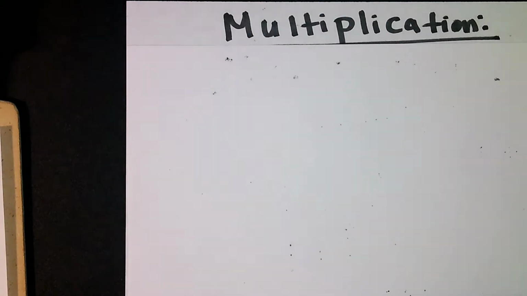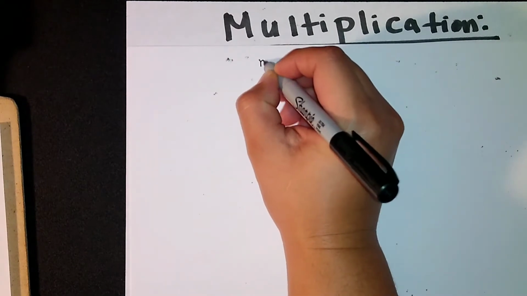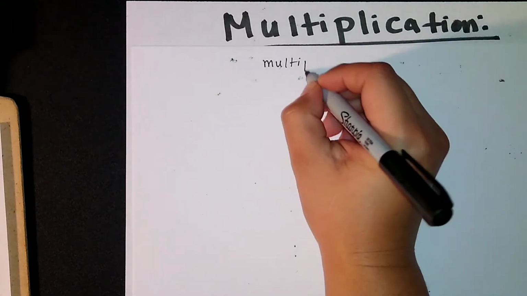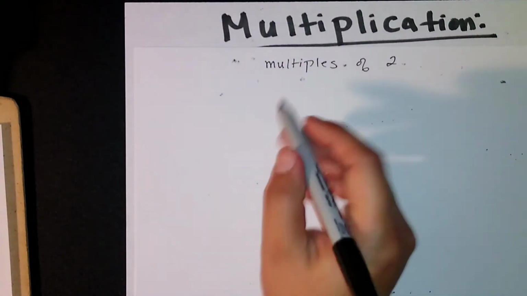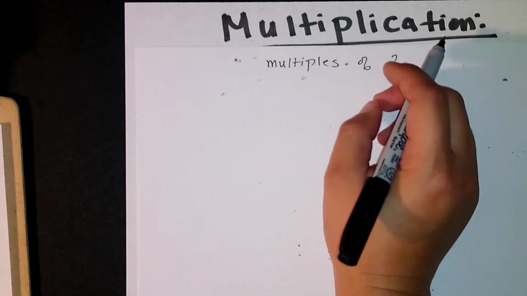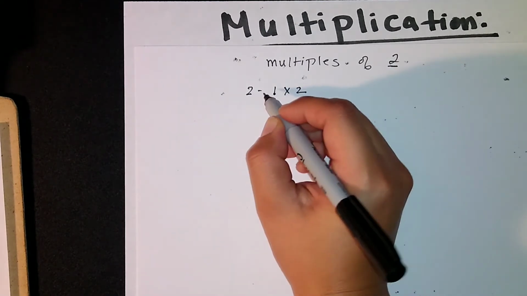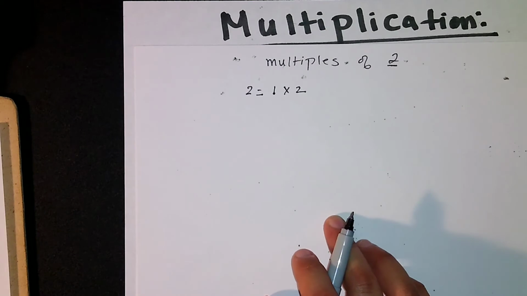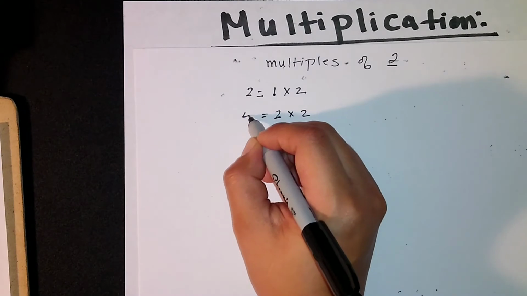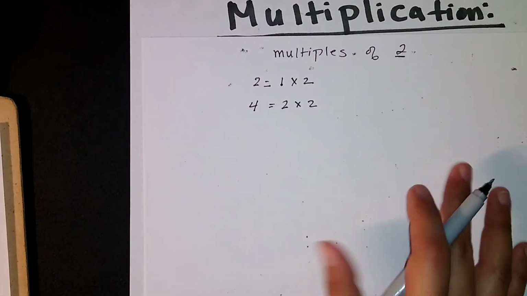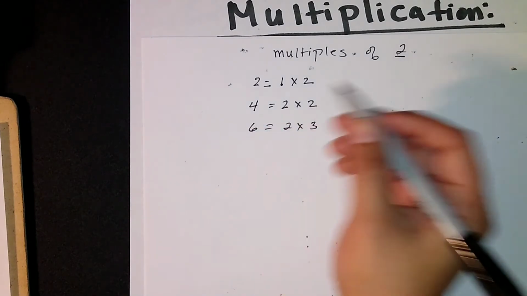Let's do another example. Let's say multiples of 2. Multiples of 2, right? So that means we're going to multiply by 2. So then we have 1 times 2 is 2. 2 times 2 is 4. 2 times 3 is 6.